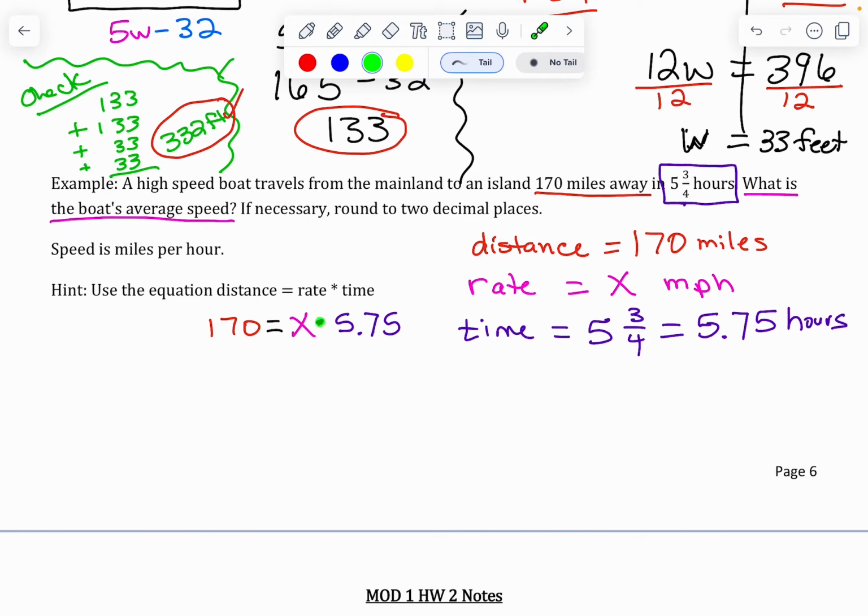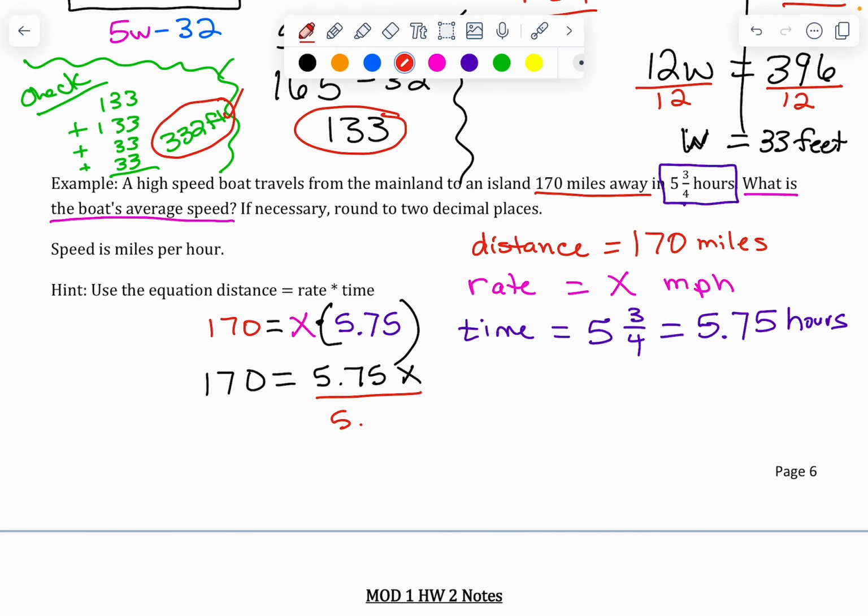Now, if you use a dot for multiplication, you might confuse it with a decimal, so you can always just throw those in parentheses so you know that it means multiplication. So we have 170 equals 5.75x, and we'll divide by 5.75 and divide by 5.75.